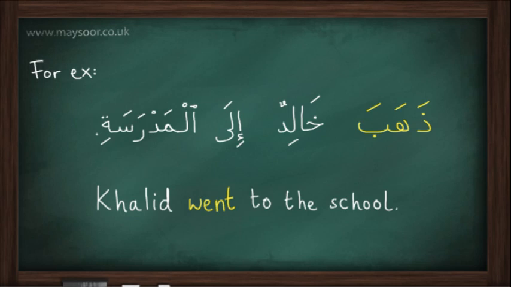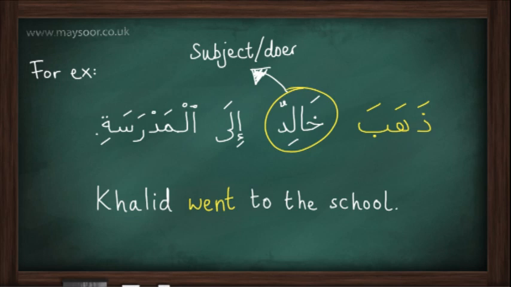In the above example, the ism, the noun, Khalid, is the subject of the verbal sentence. In Arabic, we refer to the subject or the doer of the action as the fa'il. The fa'il, the subject, is the one that went. So in the English translation, we drop the pronoun he.